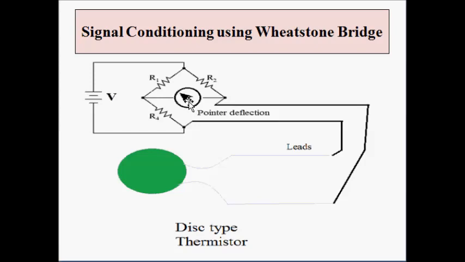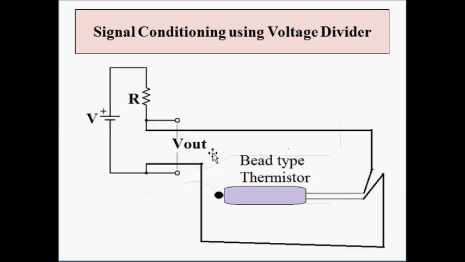In the voltage divider configuration, the thermistor is connected in one of the arms of the voltage divider circuit, and the output voltage is taken across that arm only. So the output voltage is directly related to the change in resistance of the thermistor, which is dependent on the surrounding temperature.